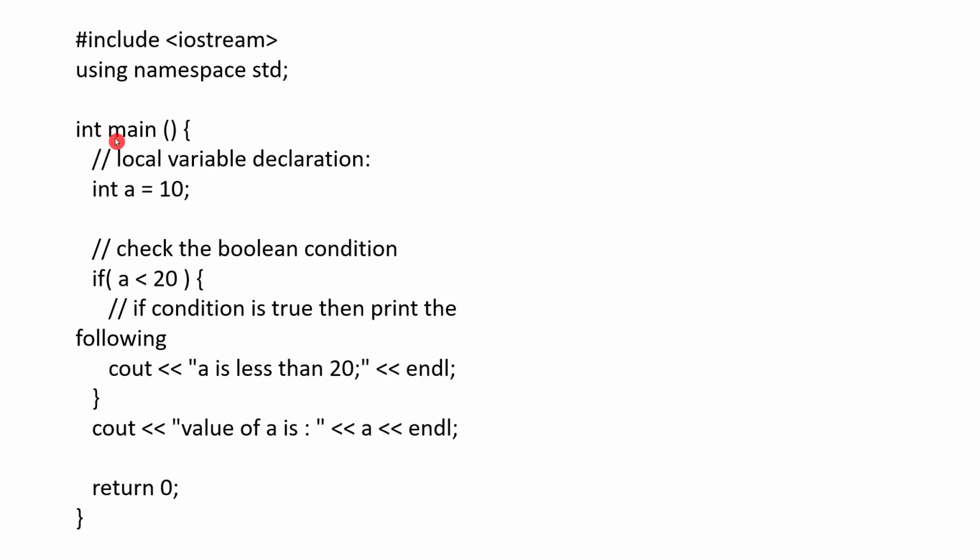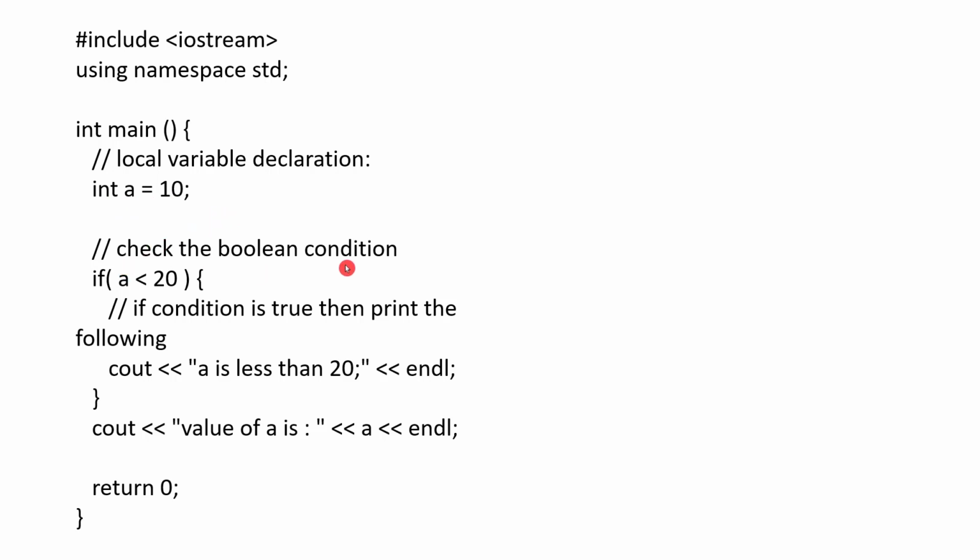Then int main, brackets, curly braces, local variable declaration. This won't be read by the program as it is in the forward slash mode. This will be read: int a is equal to 10 with a semicolon. So we defined the integer a. There's one more option: we can define int a, then semicolon, then again a is equal to 10. So instead of giving two statements, we can define both things, defining a as an integer and value 10, in a single statement.